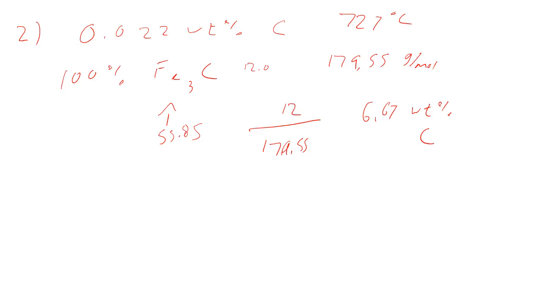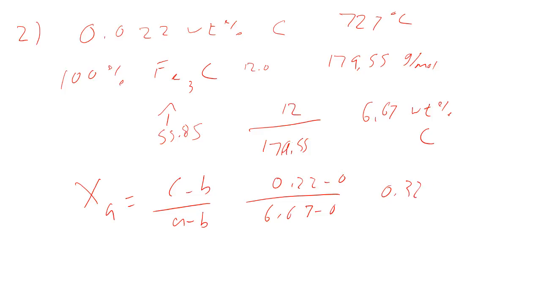So it's just X_A is C minus B over A minus B. And since there's nothing left, it's line compounds at the end, it just becomes 0.22 minus 0 over 6.67 minus 0, or 0.32 weight percent Fe3C.